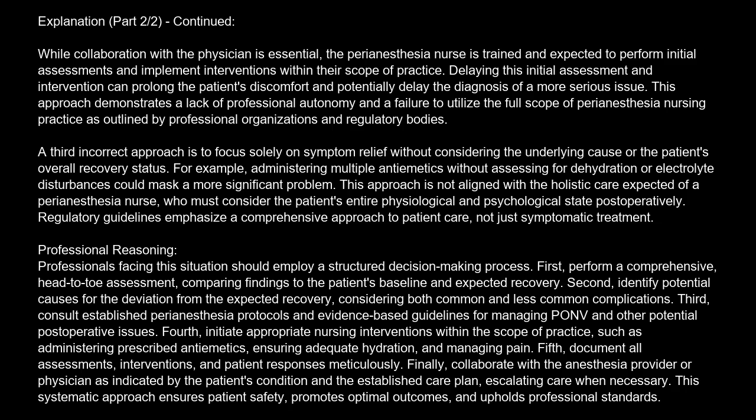Third, consult established perianesthesia protocols and evidence-based guidelines for managing PONV and other potential postoperative issues. Fourth, initiate appropriate nursing interventions within the scope of practice, such as administering prescribed antiemetics, ensuring adequate hydration, and managing pain. Fifth, document all assessments, interventions, and patient responses meticulously.